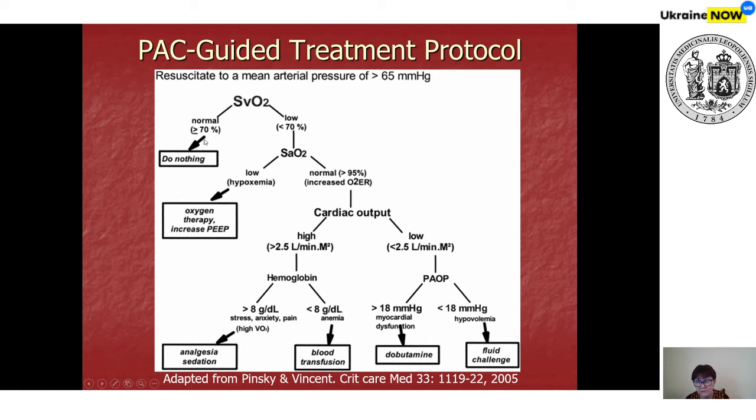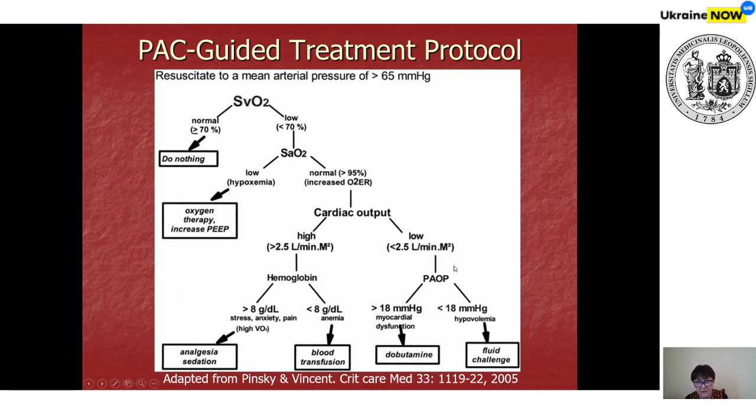If it's normal, Jean-Louis Vincent says do nothing. When it's low, we should check arterial saturation. If there is low arterial saturation, you must provide oxygen therapy and increase the parameters of ventilation. If arterial saturation is normal but venous saturation is low, you should check cardiac output.